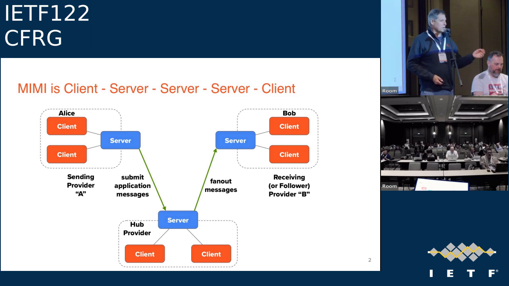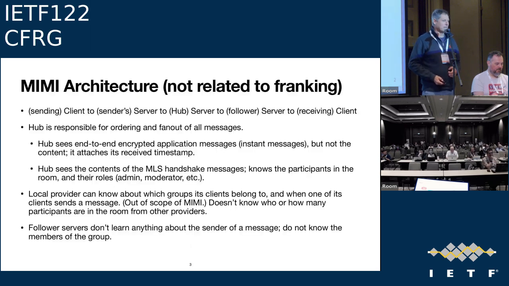A message goes through the client, through the sending provider A, to a so-called hub provider, then to a receiving provider, and then finally to a receiving client. So a C to S to S to S to C protocol.